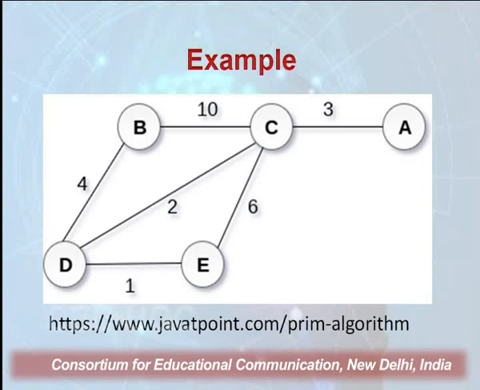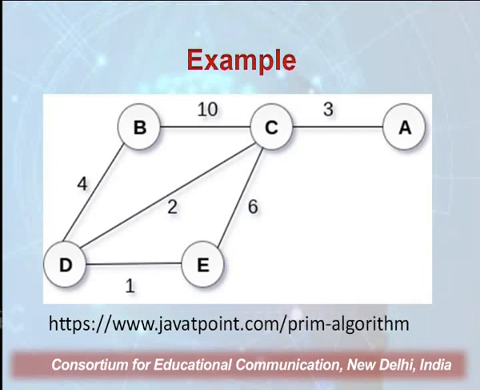As the procedure starts, as I have already told you, we will choose any random starting vertex. So let us choose B, for example. Looking at the implementation point of view, if we explore the adjacency list of B, we have D and C. These are the two vertices which are connected to B by edges BC and BD.